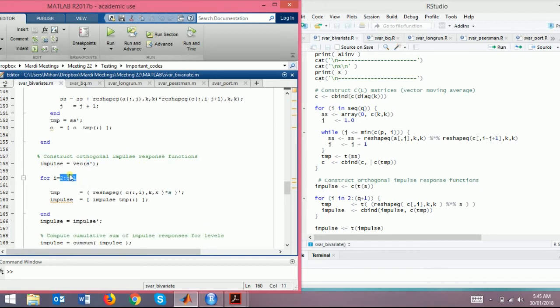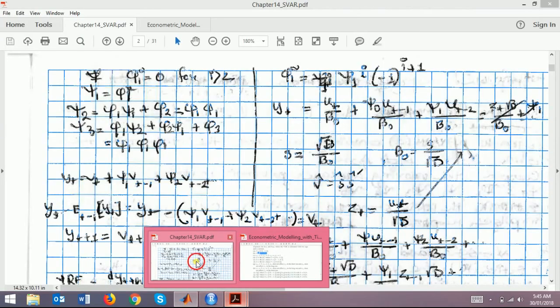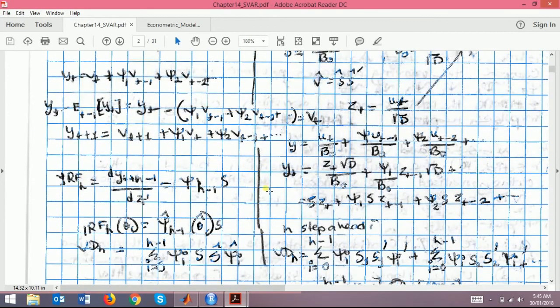So we have S, our identifications, for I equal to 2 to q plus 1, because of psi h minus 1. The impulse response will grow as a summation of I equals 0 to h minus 1, or I equals 1 to h, right? Because that's what we learned on page 2.